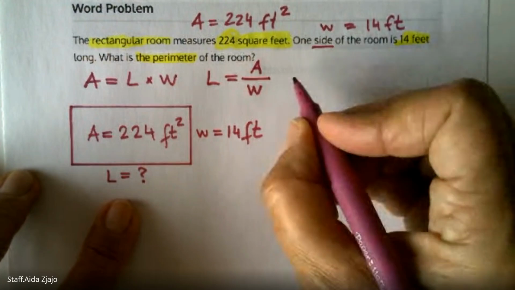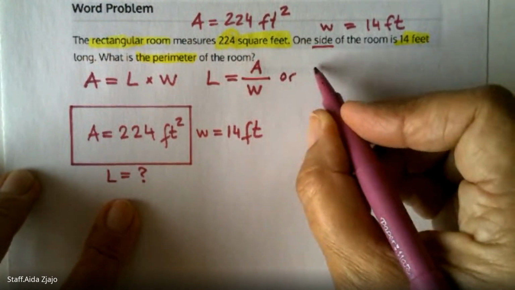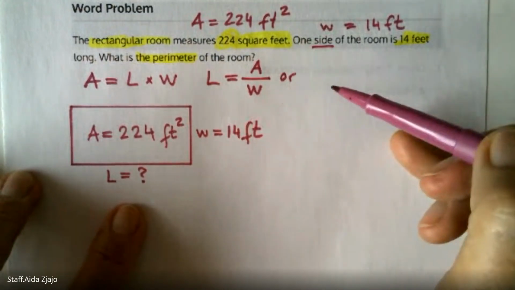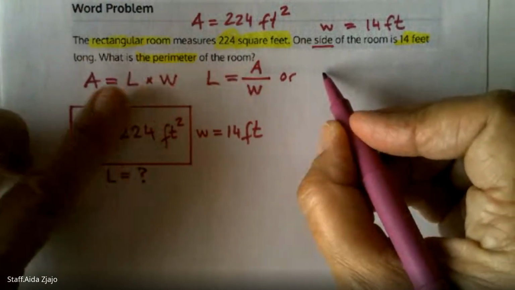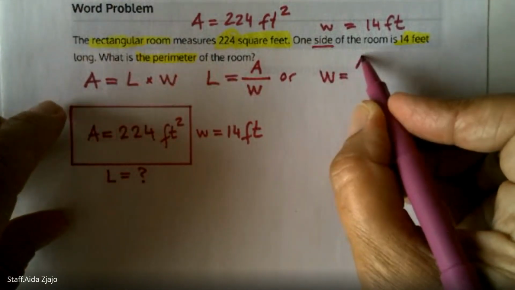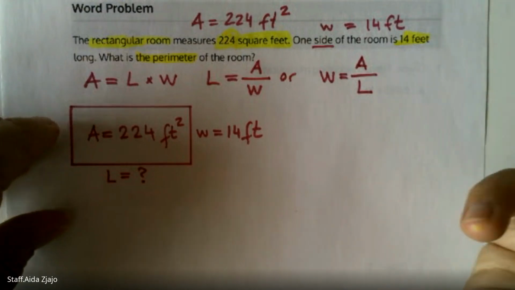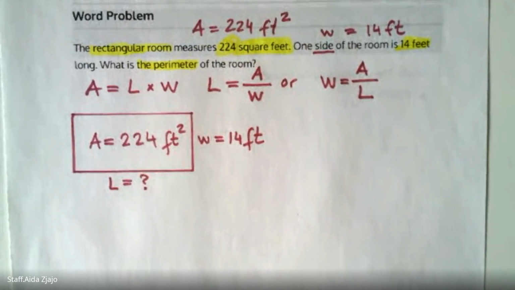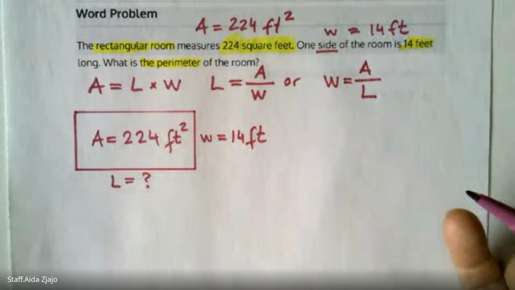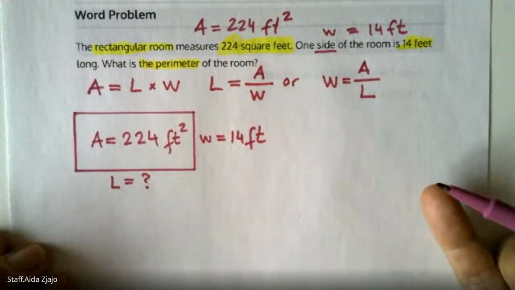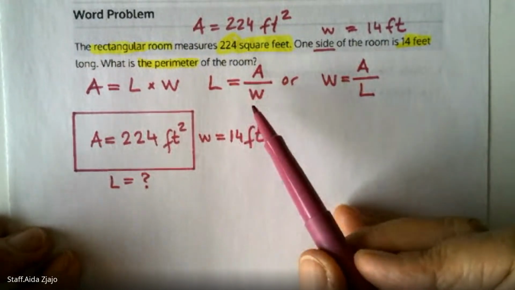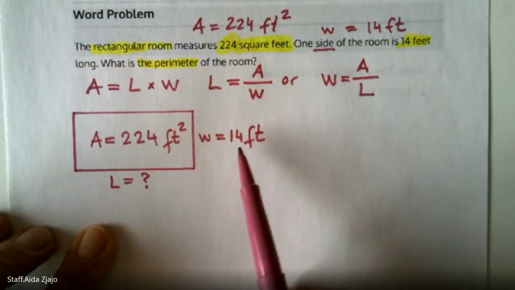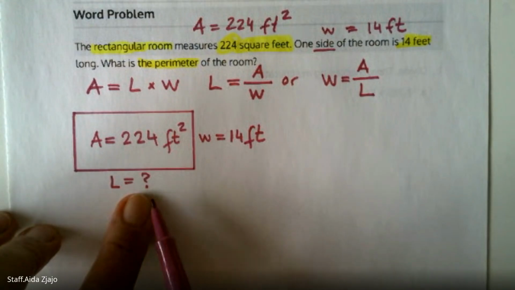If you are looking for W, it would be W equals area divided by L, depending on which side is unknown. So right now, knowing the area, you need to divide by 14 to get the unknown length.